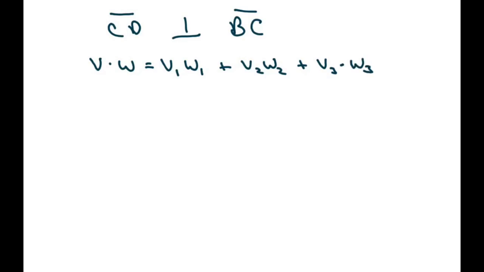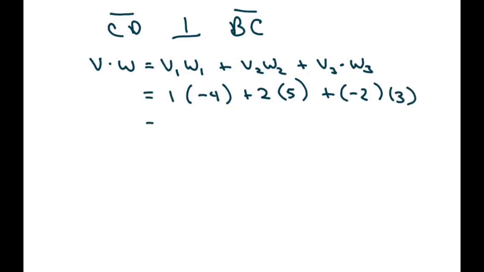So we're going to get 1 times -4 plus 2 times 5 plus -2 times 3. And this equals -4 plus 10 minus 6, and that equals 0. So the vectors are perpendicular because their scalar product equals 0.